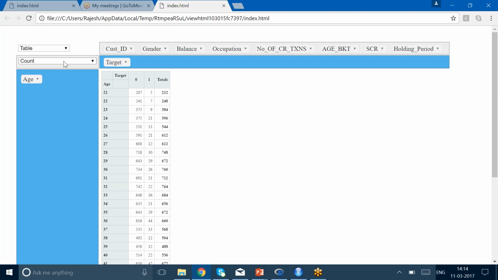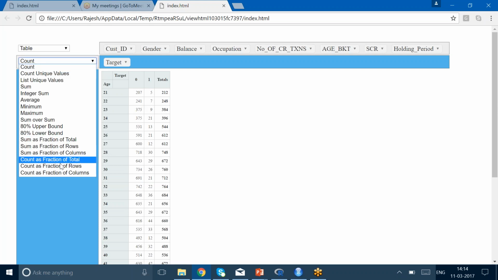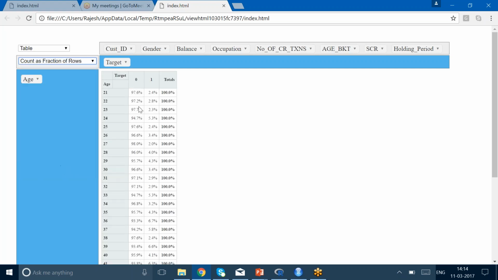This number now I am showing in a row proportion. Count as fraction of rows. So what it is showing you, in age bucket 21, 2.4% of the customers responded. Can I express this 2.4 in probability terms? I can.